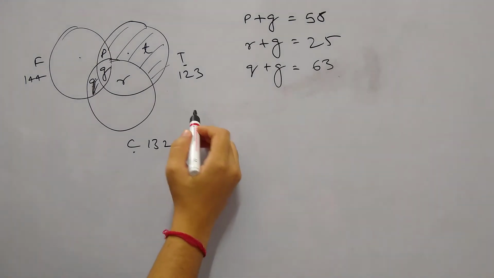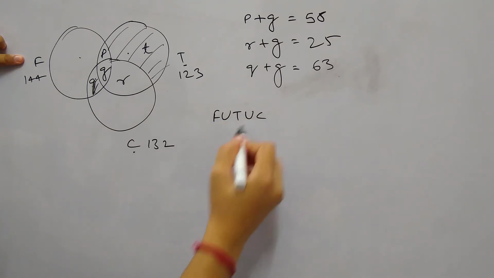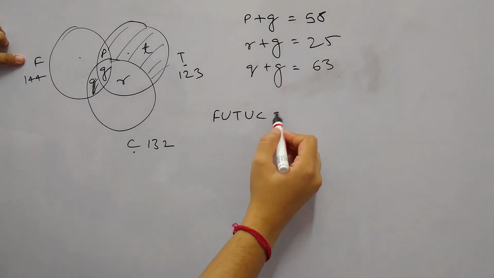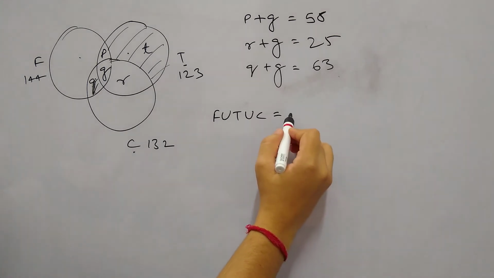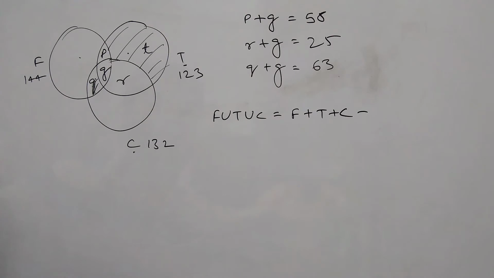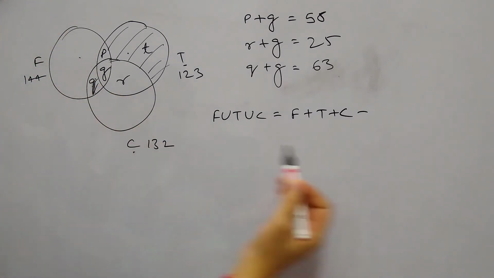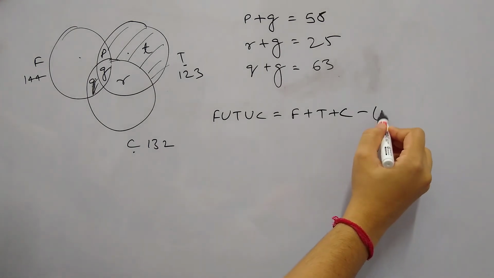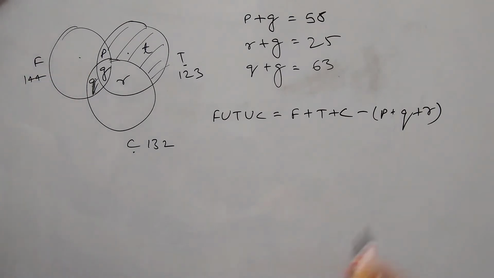So now let's see. If I say F union T union C, the union of this is 256, which is the total number of players, and we know the formula for this union will be F plus T plus C minus P plus Q plus R, because this is getting counted twice here, and we need to subtract 2G from here.